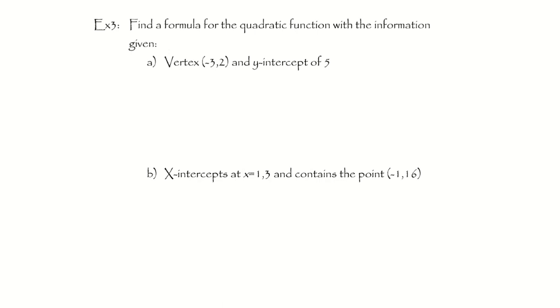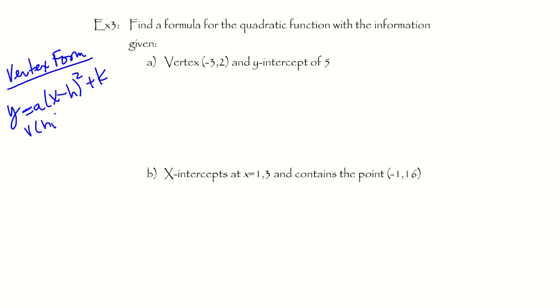So if we just review those forms, our most useful forms for finding a quadratic are vertex form, which was y equals a times (x minus h) squared plus k, where the vertex is the point (h, k), and we would be looking to find a, h, and k in order to have that form.